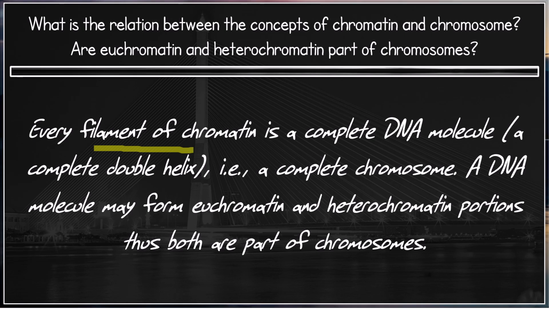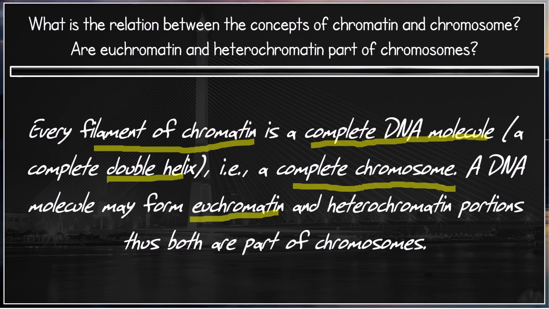Every flat filament of chromatin is a complete DNA molecule, a complete double helix, that is, a complete chromosome. A DNA molecule may form euchromatin or heterochromatin portions. Thus, both are part of chromosomes.